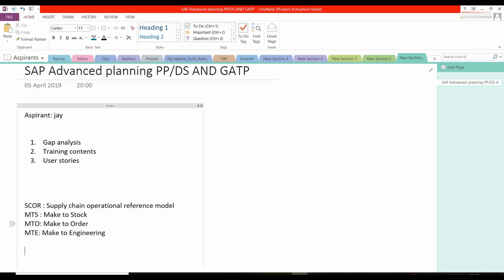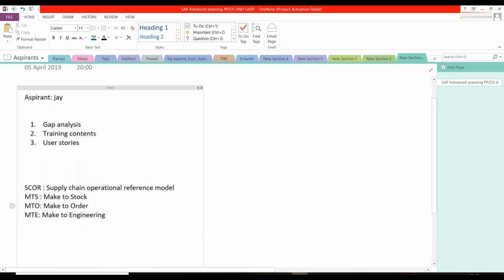Yeah. Made to stock, for example, what I understand is you manufacture and put that in stock, and whenever there is an order, you release it. Made to order is where you generate the product only based on the order you take from the customer.